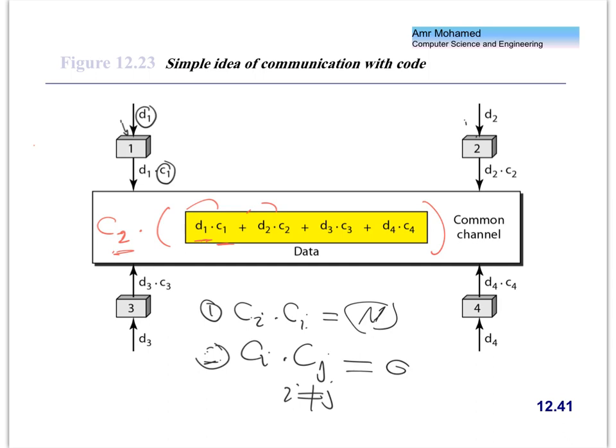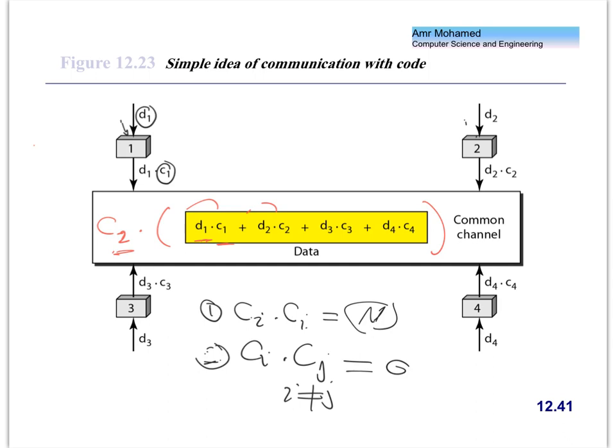So it becomes D2 multiplied by N. That's the idea of CDMA in a nutshell. It's very, very simple. But using this simple idea, this is the dominant modulation scheme in 3G. All 3G is based on CDMA.